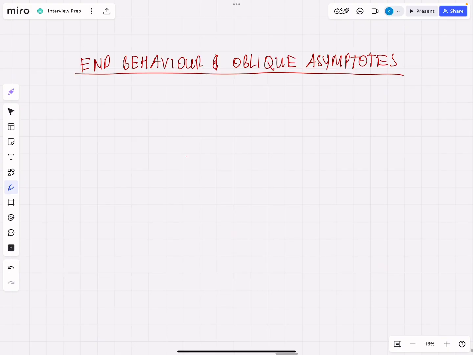Okay, now earlier I talked about vertical asymptotes and horizontal asymptotes, and I mentioned a third, that's oblique or slant asymptotes.